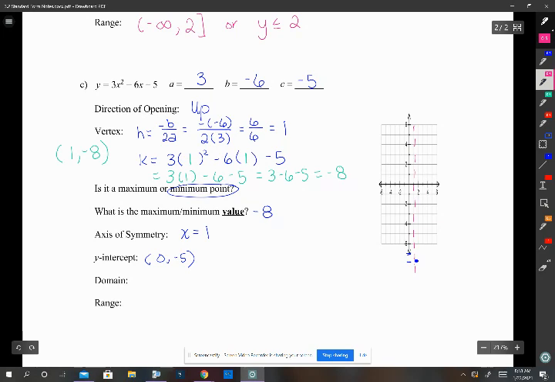All right, and then we are going to graph our y-intercept, which is at 0, -5. So 1, 2, 3, 4, 5. Notice that's one space away from our axis of symmetry, and so it's going to be one space on the other side away from our axis of symmetry.